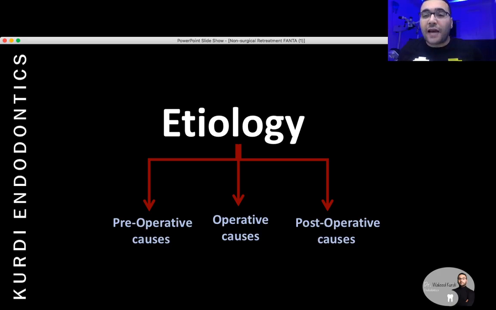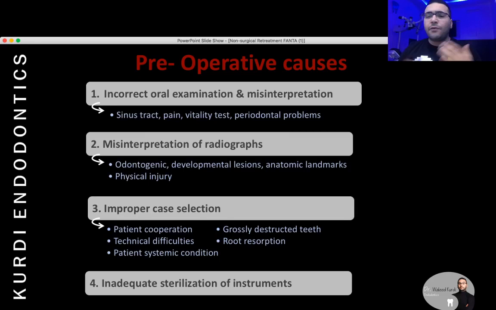But before all, we have to know the etiology of non-surgical retreatments. We have preoperative causes, operative causes, and post-operative causes, and we will talk about these causes just briefly. The preoperative causes may be an incorrect oral examination, or misinterpretation of the preoperative x-ray. That's why I always say that the preoperative x-ray is very important.